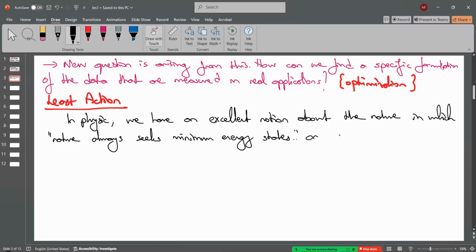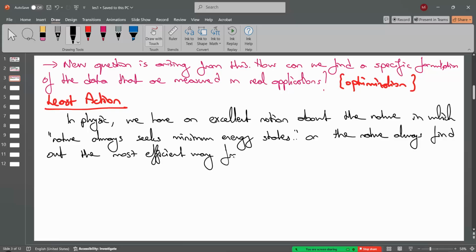Or the nature always finds the most efficient way from one point to another.